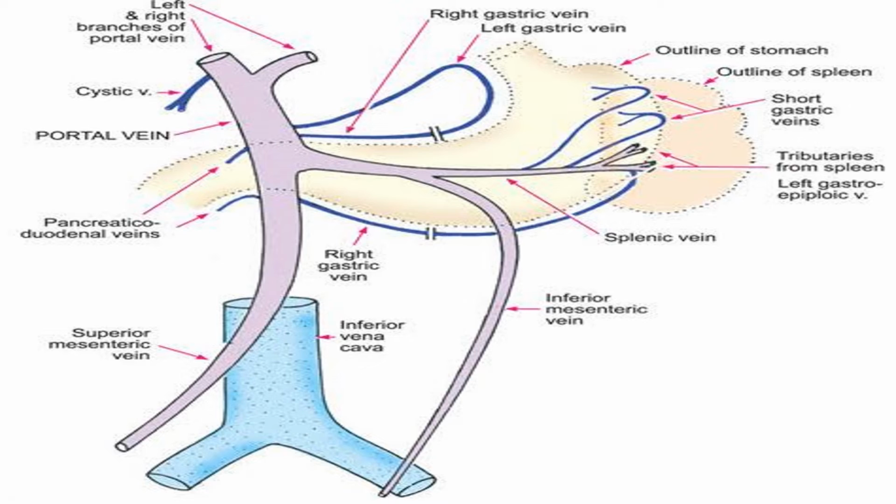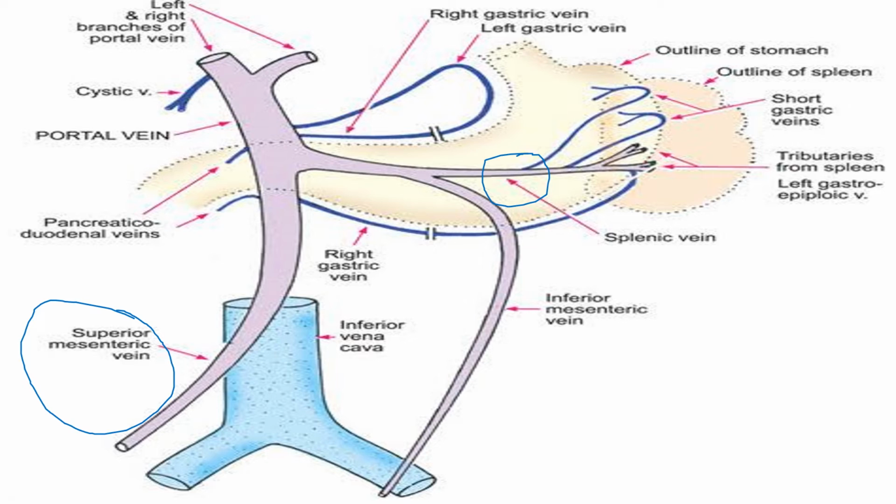First, as it was formed by the superior mesenteric vein, it will be a tributary, superior mesenteric vein, point number 1. Point number 2 is the splenic vein. These are forming the portal vein, so obviously this will be a tributary of the portal vein.